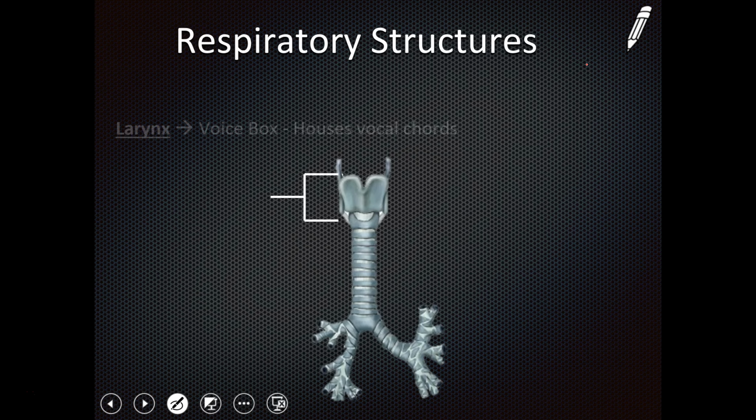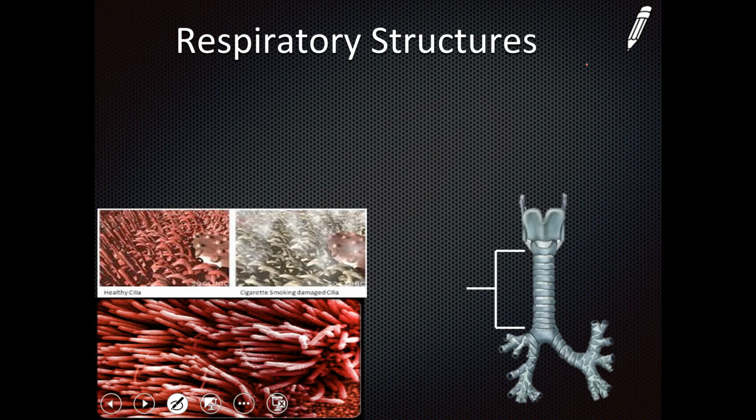Next, we have the larynx. The larynx, I remember L in larynx is lower than the pharynx, and that's simply your voice box, and that houses your vocal cords. Just below your larynx, you have this pipe, this tube, that's called your trachea.